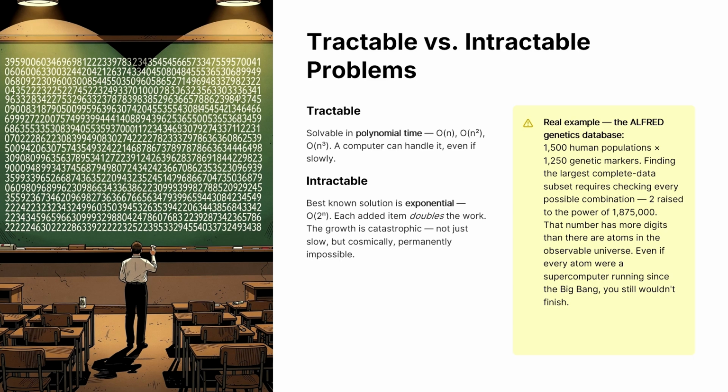The number of subsets is 2 raised to the power of 1,500 times 1,250. That number has more digits than there are atoms in the observable universe. Even if every atom were a supercomputer running since the Big Bang, you still wouldn't finish. That's what intractable really means. Not slow, cosmically, permanently impossible.